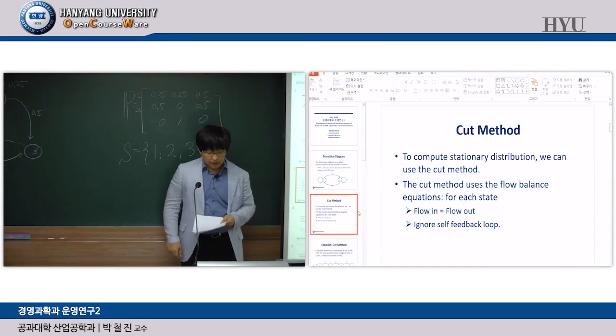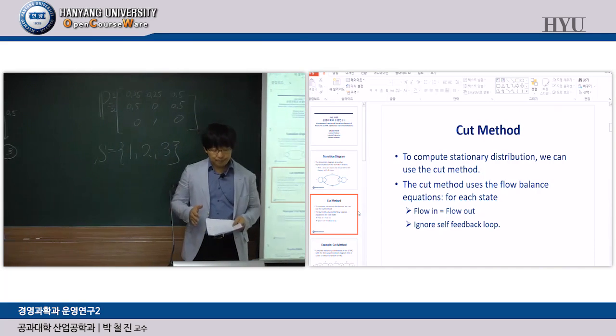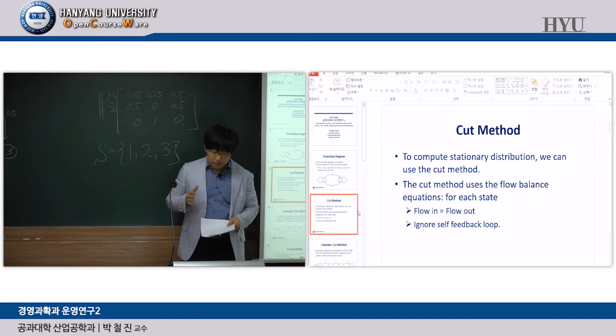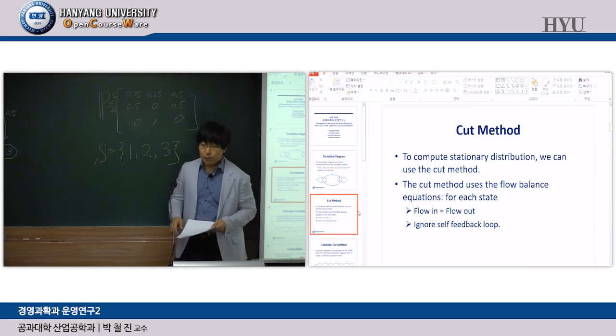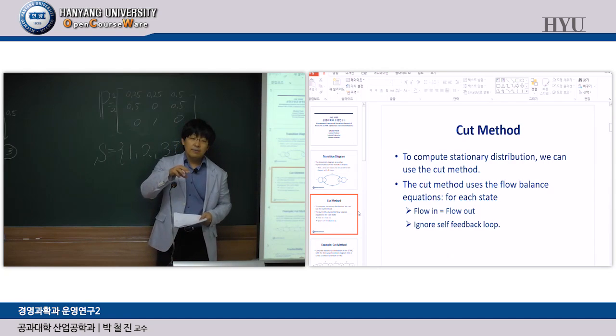Now we can consider flow in, which represents the transition probability into the state times the probability in the stationary distribution corresponding to the state, like pi i.